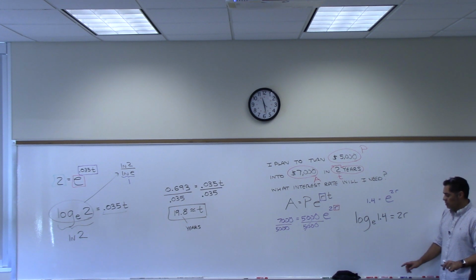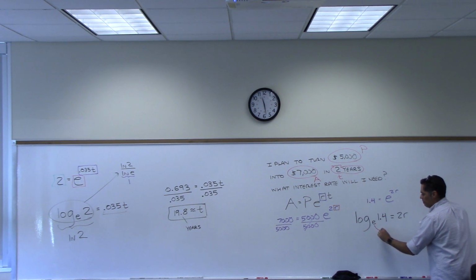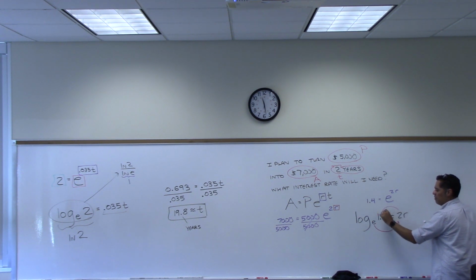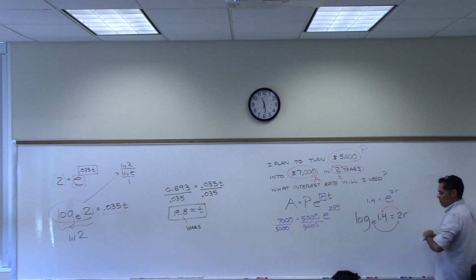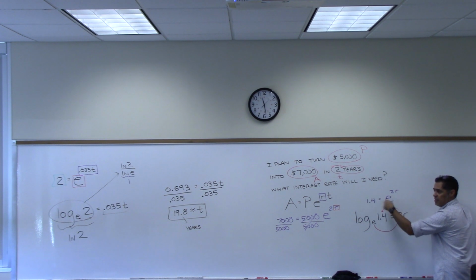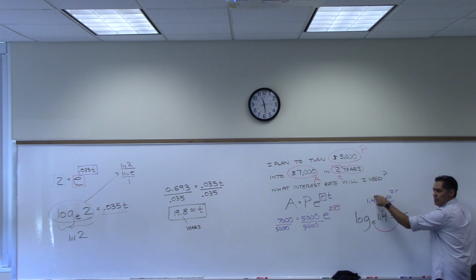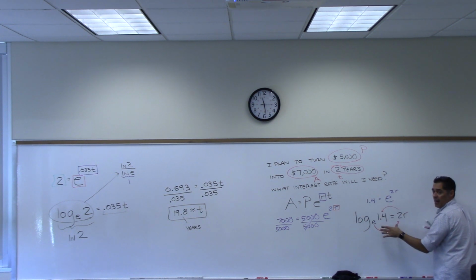Now, you know how I mentioned the loop? You can always use the loop to check that you did it right. e raised to this should equal this. e raised to 2R is 1.4. So this is correct.